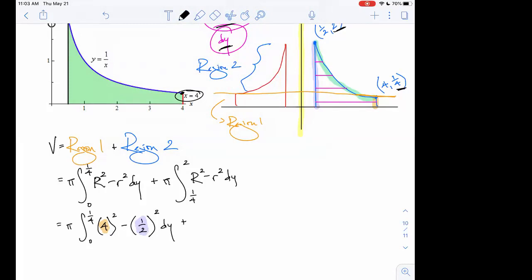Plus the volume for region 2. So pi, the integral from 1/4 to 2. The outer radius changes for this one. It's not going to be the tan orange one. It's going to be like that seafoam green one. So I need to have the function defined that way, which is not going to be y equals 1 over x, but I actually need to get x by itself. And when I do that, it's going to be 1 over y squared.